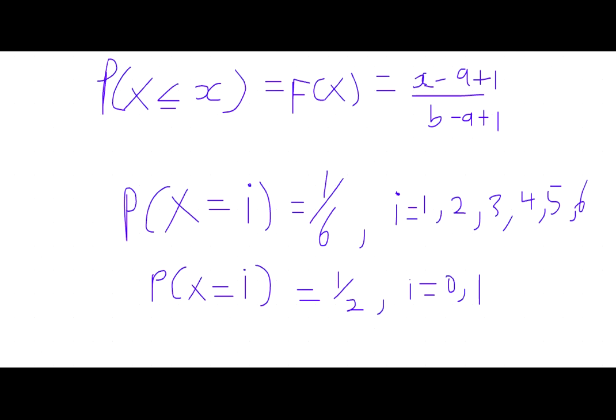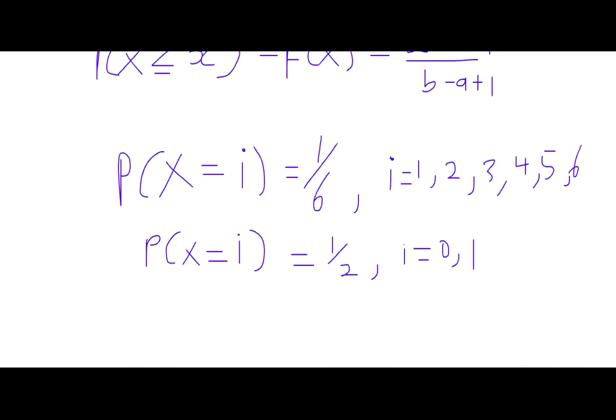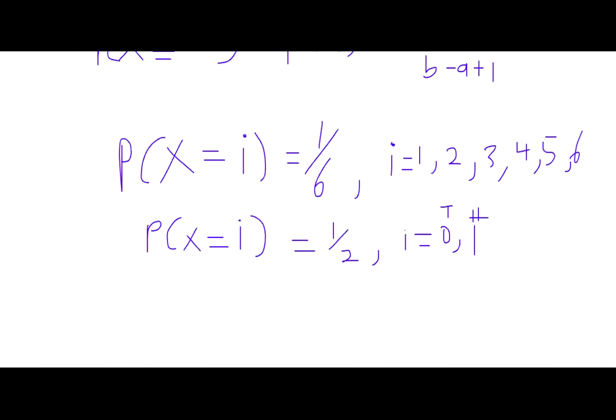And 0 has to do with, maybe it could be tail, and 1 may have to do with head. So this is also a discrete distribution. In general, if you have values from 1 to n, and the probability of selecting each one is the same, then you have a uniform distribution. It may not be from 1 to n, it may be from 2 to 9, or from 3 to something, but usually it is 1 to n.